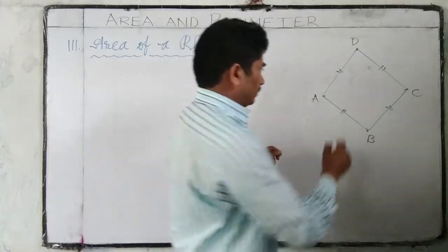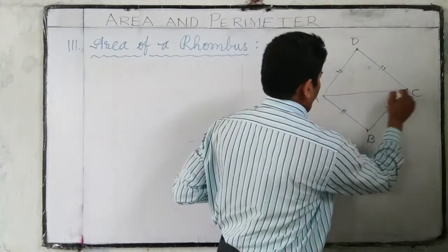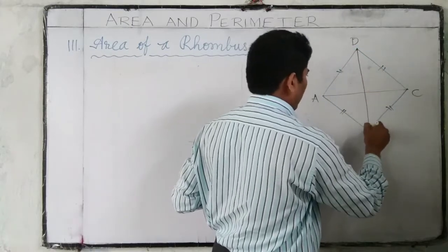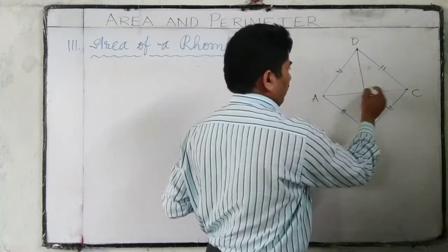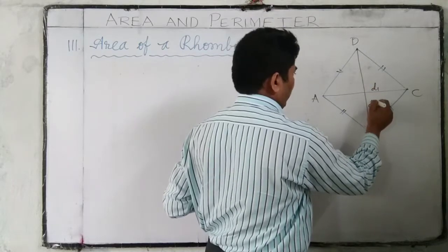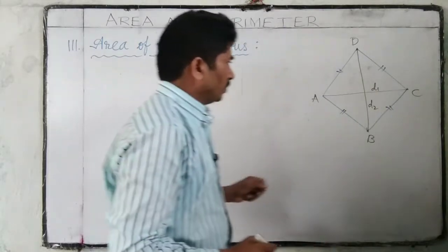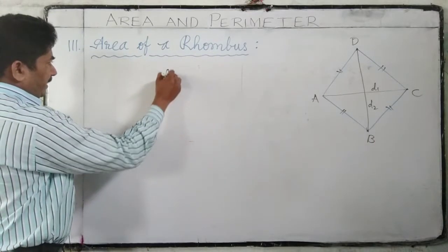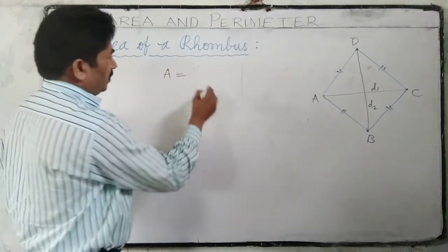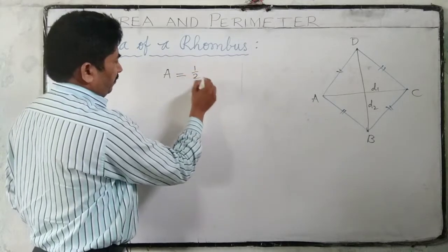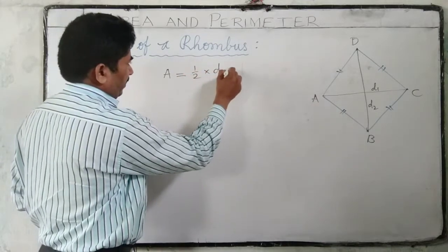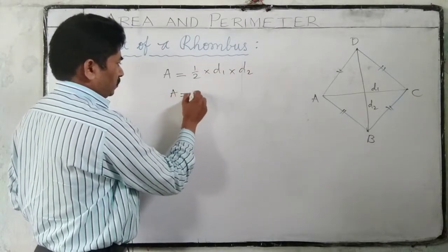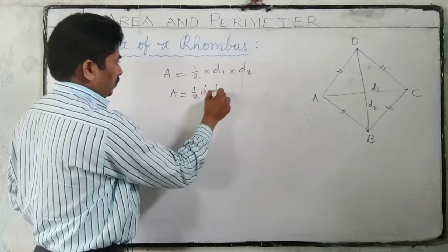In this rhombus, this AC and DB or BD are called diagonals, D1, D2. So area of rhombus A is equal to half D1 into D2. In short, A is equal to half D1 D2.